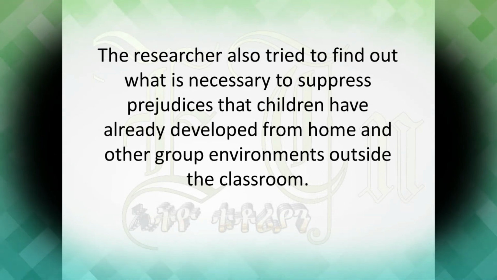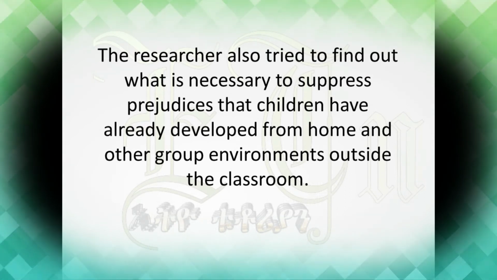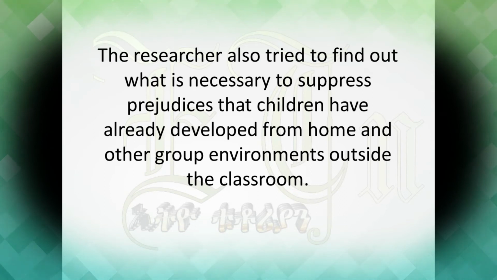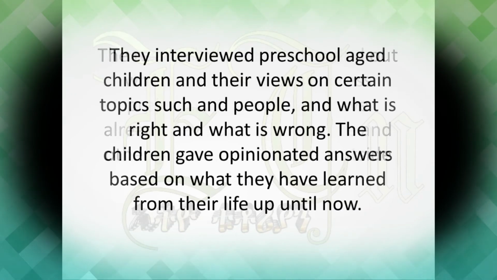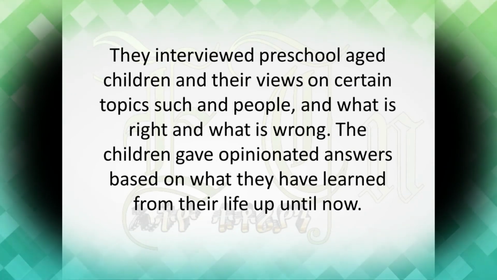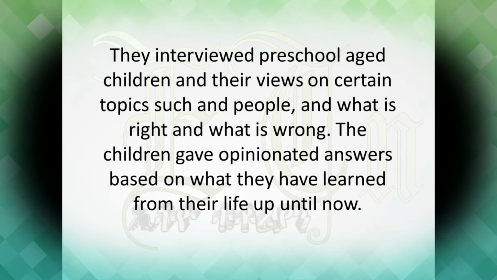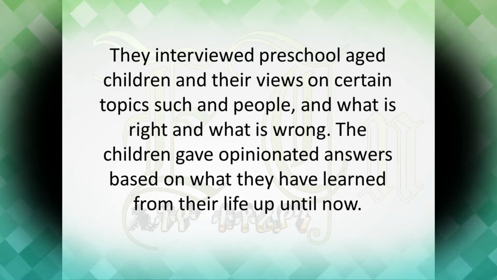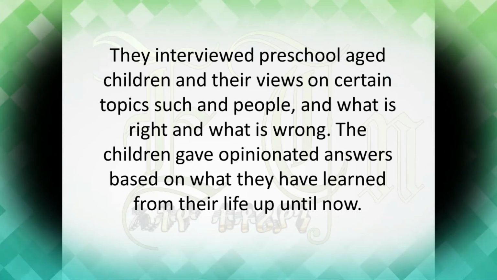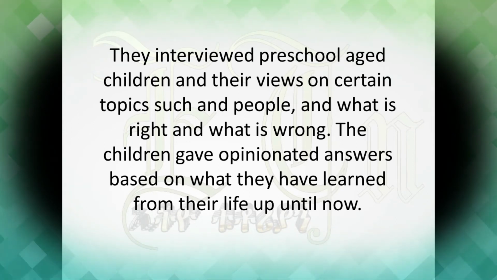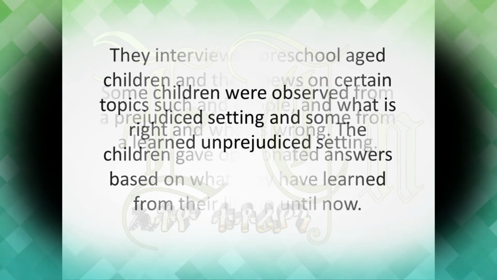The researcher also tried to find out what is necessary to suppress prejudices that children have already developed from home and other group environments outside the classroom. They interviewed preschool-aged children and their views on certain topics such as people, and what is right and what is wrong. The children gave opinionated answers based on what they have learned from their life up until now.